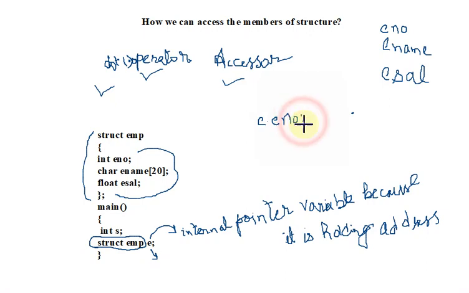After that we need to write e dot e name. What is e name? e dot employee name. Then after, what we need to write? We need to write e dot e salary. What is e salary? It is the employee salary. Hope it is clear, how we can access the members of our structure.